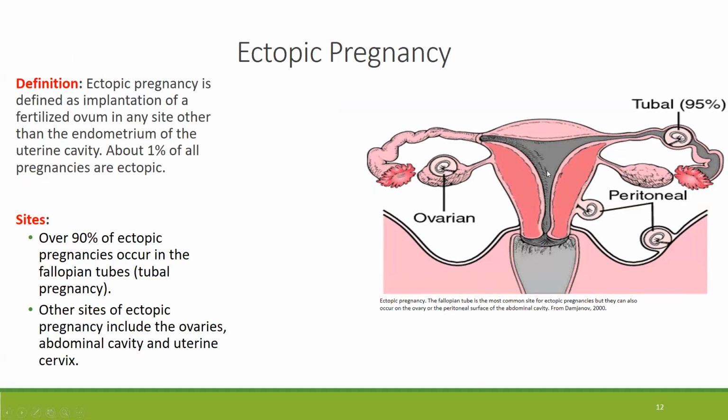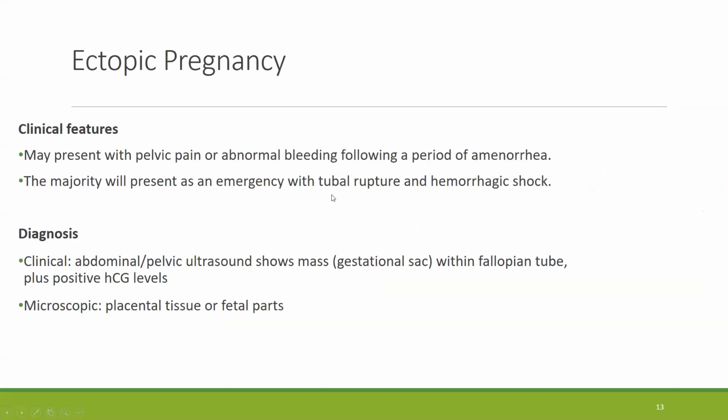What we see in the D and C in ectopic pregnancy is decidua and secretory endometrium. We don't see chorionic villi. We see chorionic villi only in the excision sample when we take the ectopic pregnancy out.